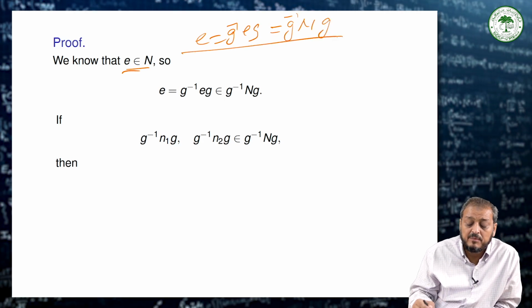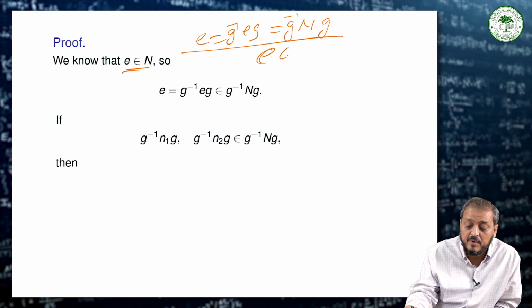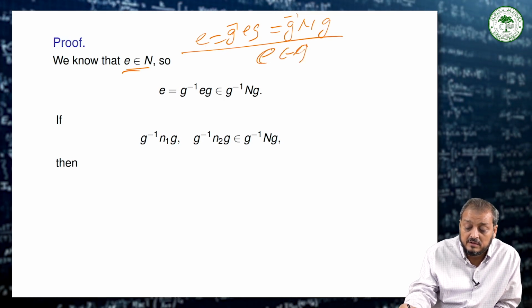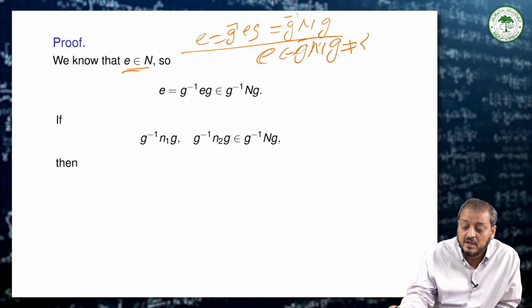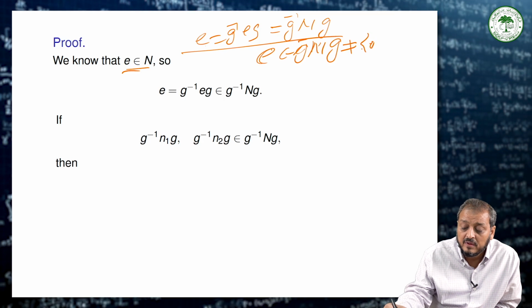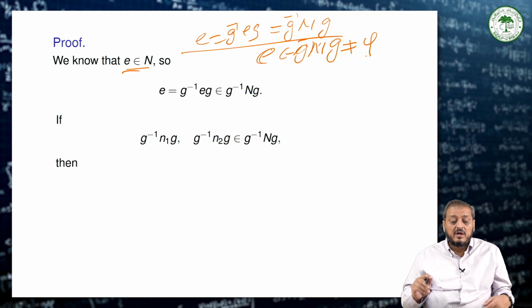So this identity is an element of g inverse Ng, and clearly this is not empty.